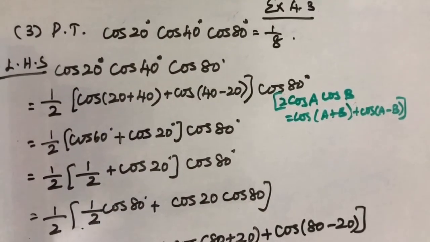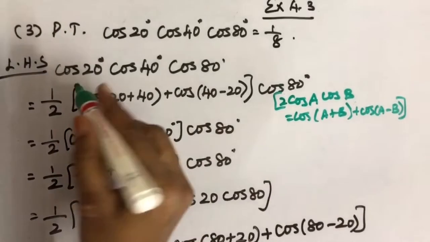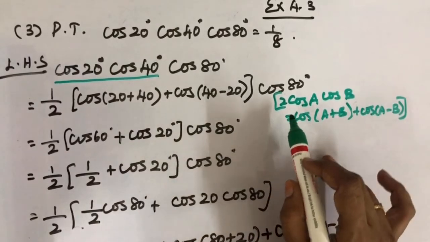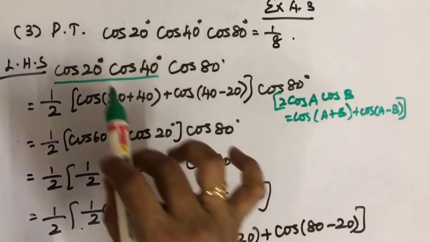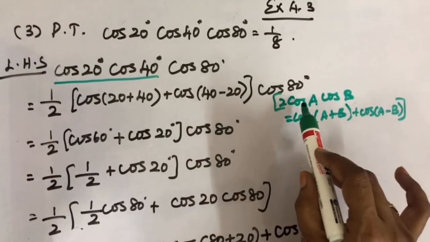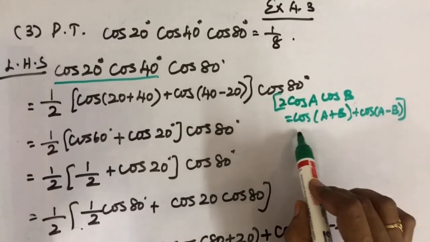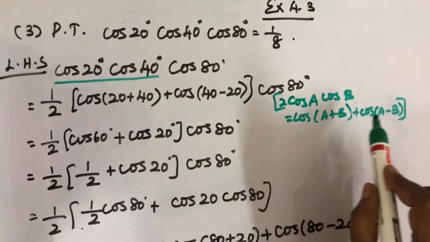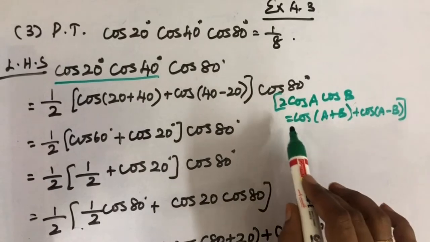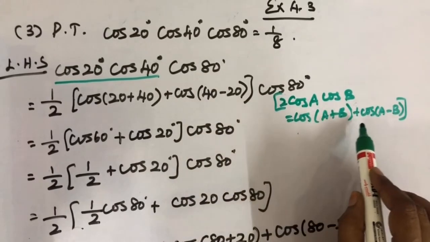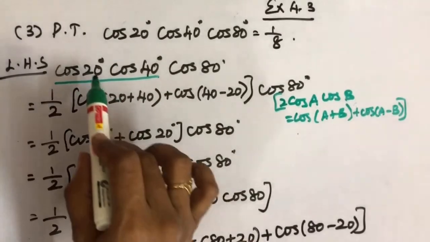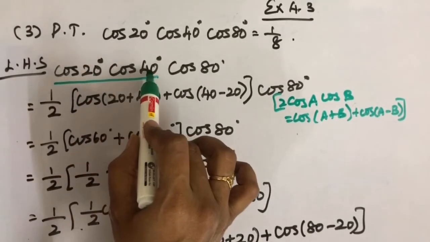Here it is cos 20 and cos 40, and we are using this identity: 2 cos A cos B is equal to cos (A plus B) plus cos (A minus B). We take this as cos A and this as cos B.